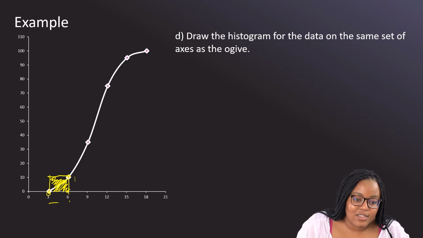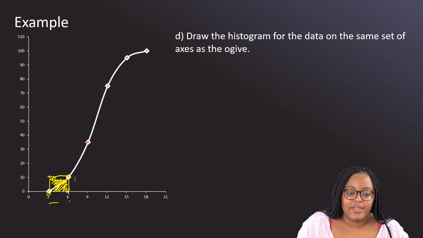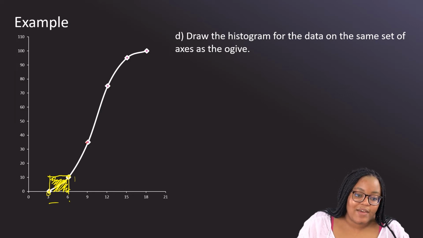In the next class interval, we have moved from 10 runners to 30 runners. Therefore, we have increased by 20, so at 20 runners is where our bar will rise.